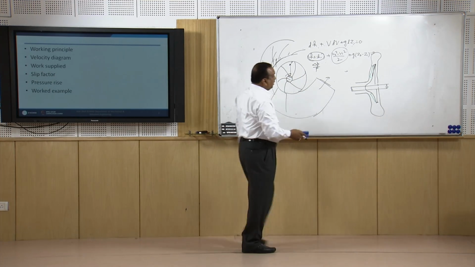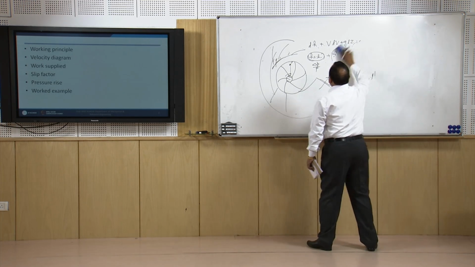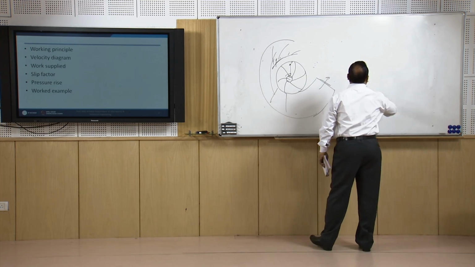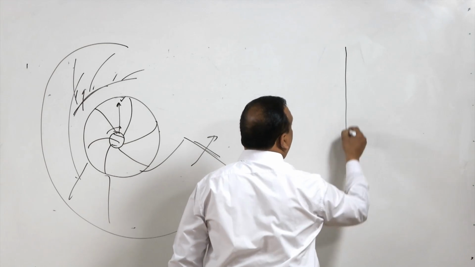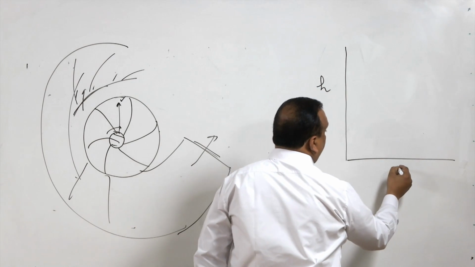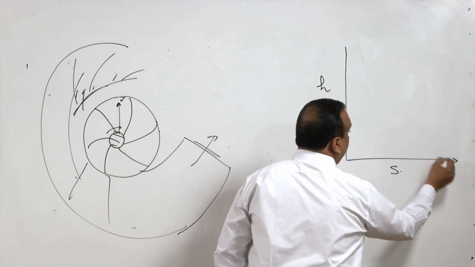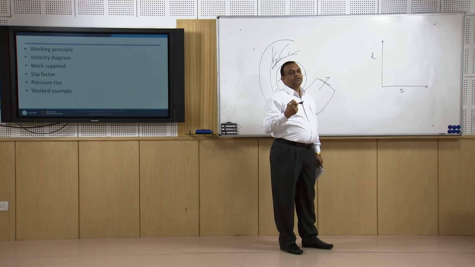Now, if we draw the enthalpy entropy diagram for a centrifugal compressor, instead of temperature entropy, it is more of the same thing. So, initially the air is sucked in.